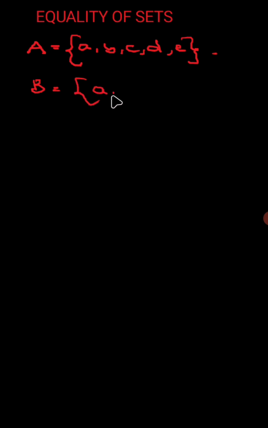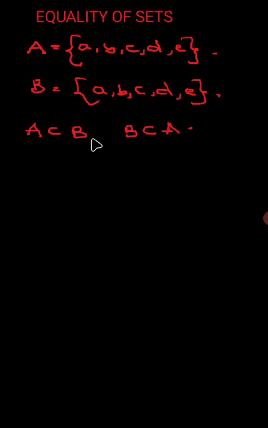Set B is also the same thing, A, B, C, D, and E. It means all elements in set B are present in set A, and all elements in set A are present in set B. Mathematically, we can say A is a subset of B, and also B is a subset of A. In this case, we are going to say set A equals set B. I hope we get this particular part.